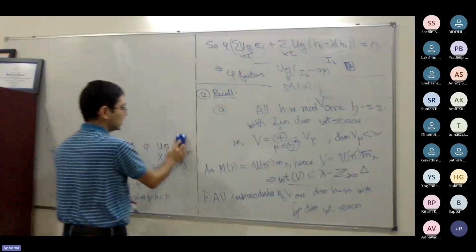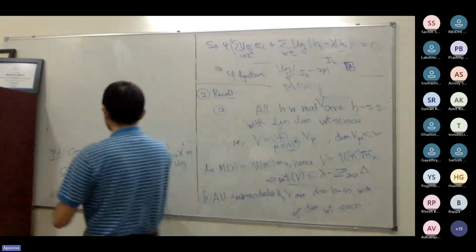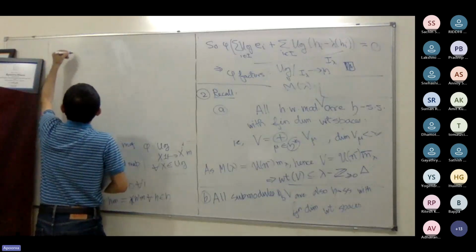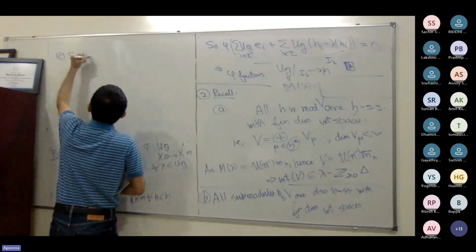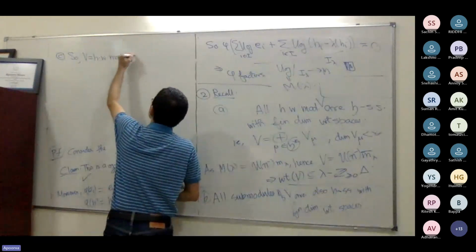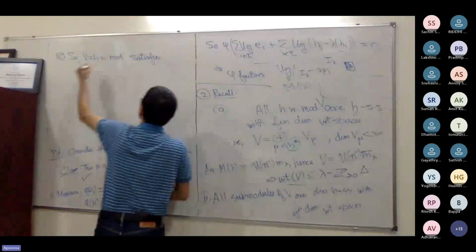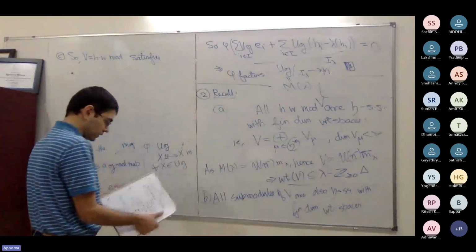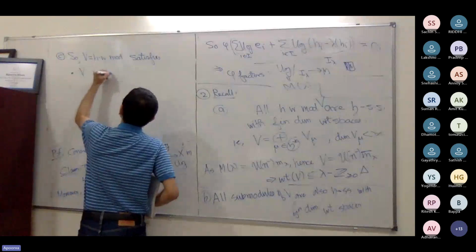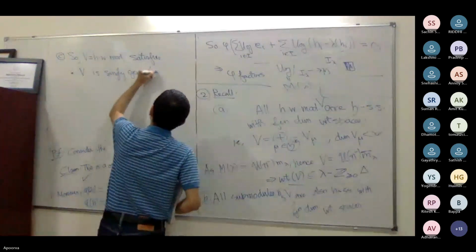Okay, so now let me write down some properties of highest weight modules. Here is what these satisfy. V satisfies 3 properties. Let me write down these properties. V is singly generated. Right?